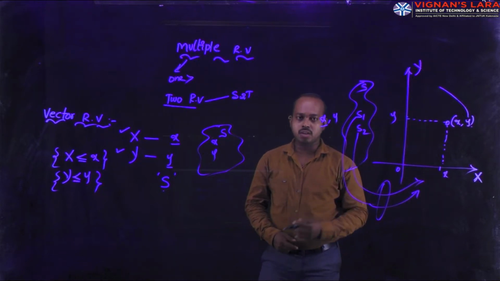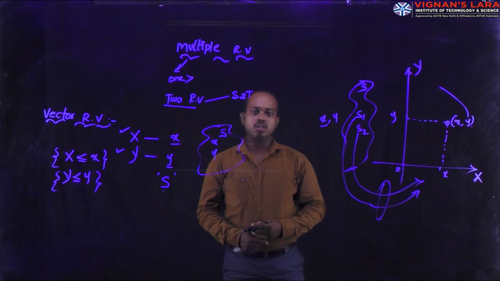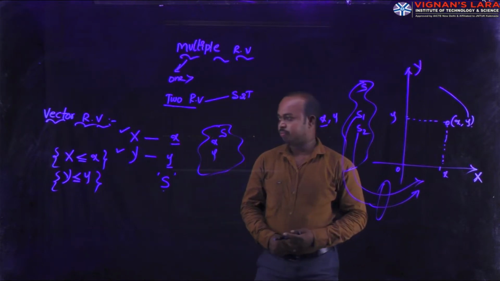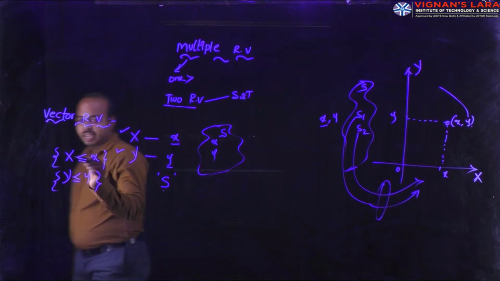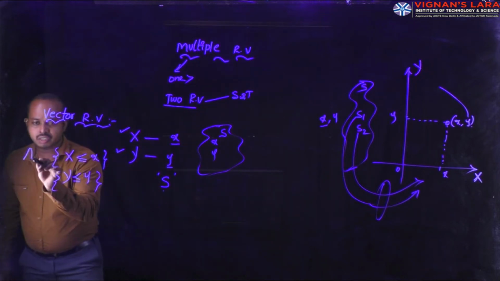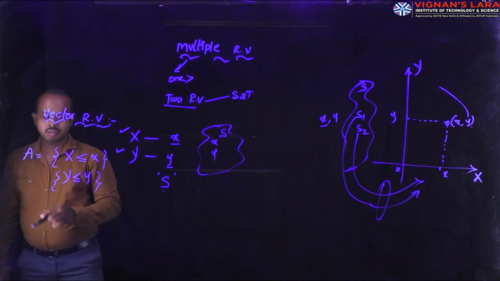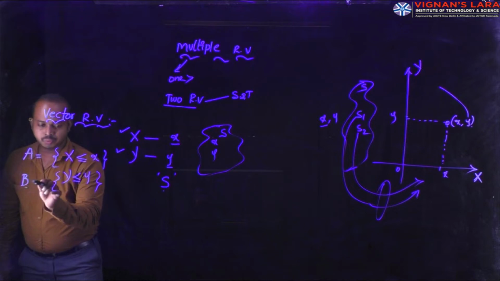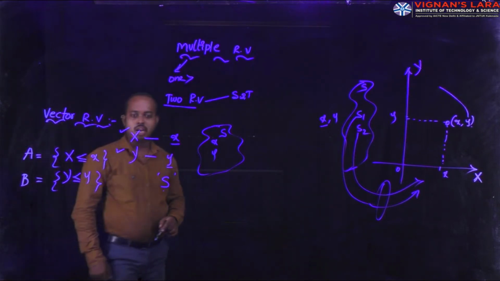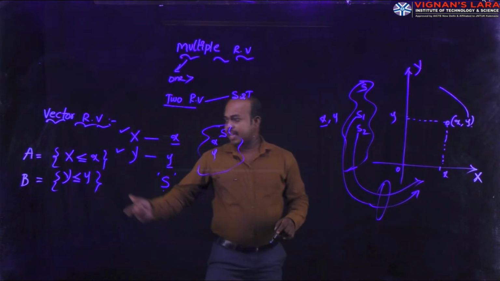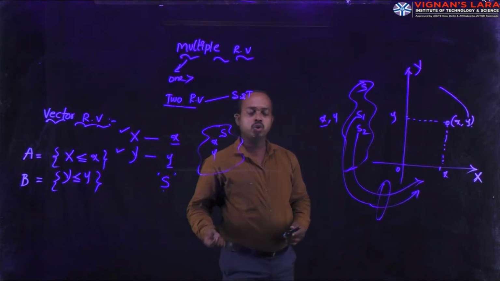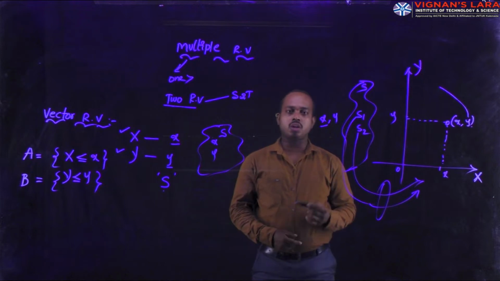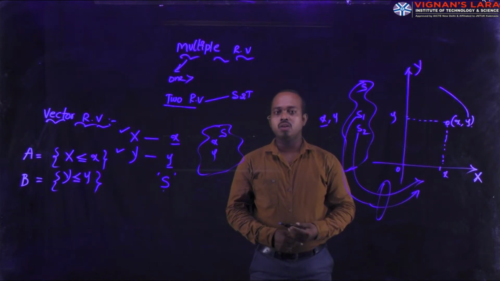The vector random variable we can represent by taking events. Now consider the event relating to x as capital A, and the event relating to y we denote with capital B. Each has individual events, and those events we represent using Venn diagrams.